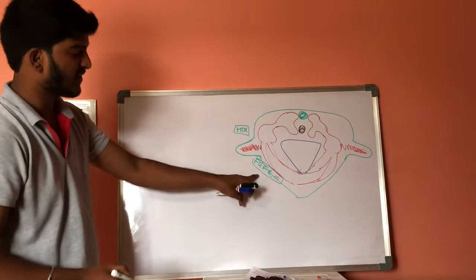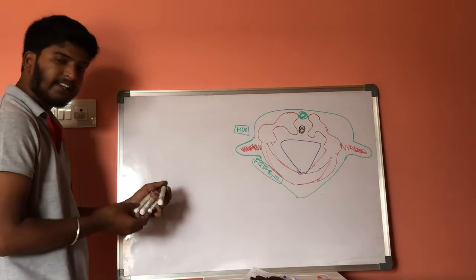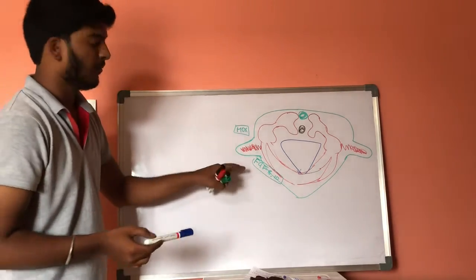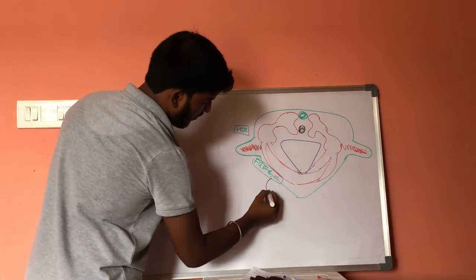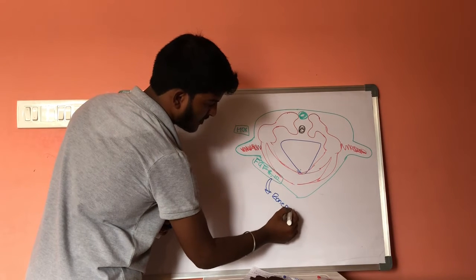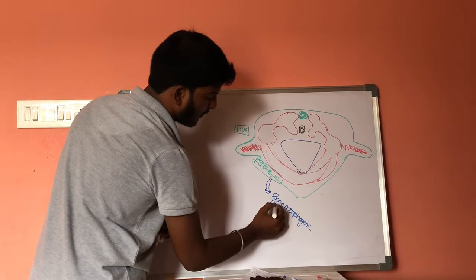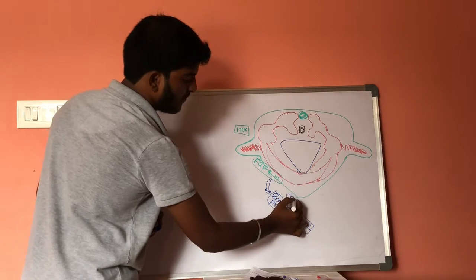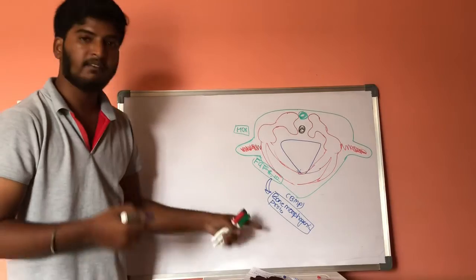Now these special fibroblast growth factors will activate a special protein that is called bone morphogenetic protein, shortly written as BMP. Now this BMP will get activated.